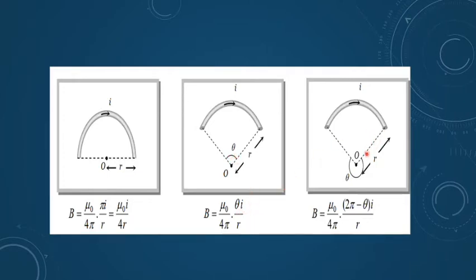If theta is taken from this side in the diagram, because many numericals are created on these, then it will of course be 2 pi minus theta into I upon r. So the basic formula will remain this. From the basic formula, we have simply written it in different forms. So this is important, of course.